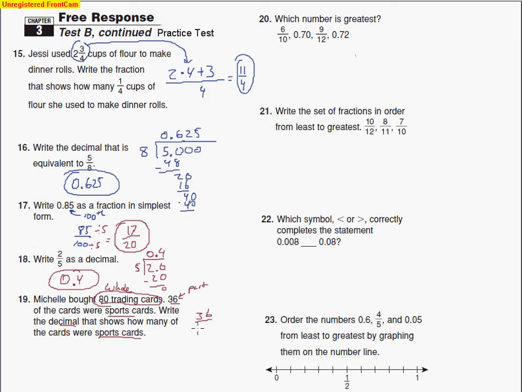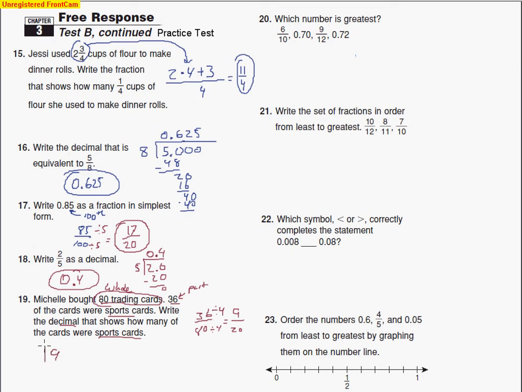So 36 over 80. Before I try to reduce this fraction, I would take out a common factor to make the problem a little easier on myself. I'm going to divide by 4, and that makes 9 over 20. From there, it would be easy to figure out the decimal form. You just divide.